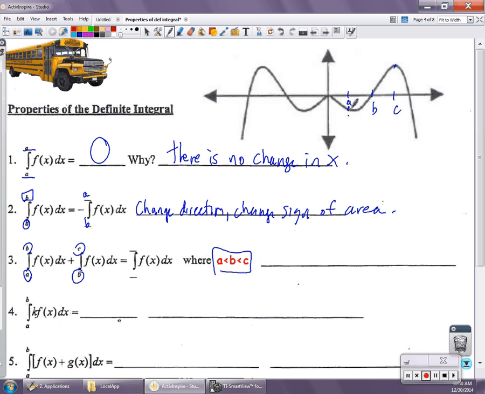So if I accumulate the area from a to b, and then I accumulate the area from b to c, which is right here, then obviously I have accumulated the area from a to c. It's just kind of common sense. We're following order. And all it really says is we can divide the areas up into smaller regions if we need to, or if we don't want to divide the area up in smaller regions, we can go straight across.